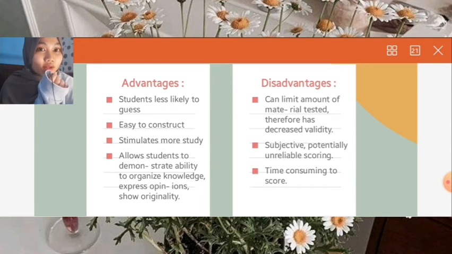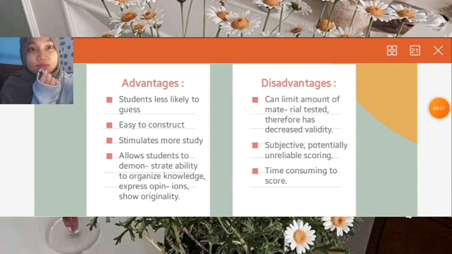And the next point is disadvantages. The first, can limit the amount of material tested, therefore has decreased validity. And the second, subjective, potentially unreliable scoring. And the third, time consuming to score.